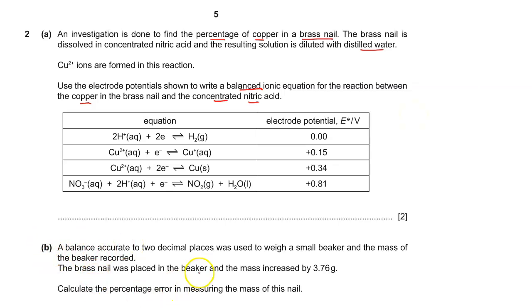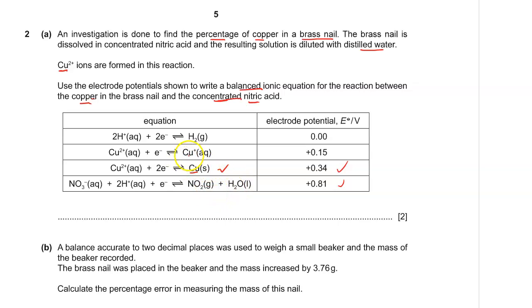You can see these are reducing electrodes here, so one of them has to be an oxidizing electrode, and since it is copper that is reacting to give us this ion, you change this equation. The equation we'll use is this and this, because we have copper and concentrated nitric acid. We have copper here, copper ions, and nitrates in nitric acid, and nitrogen dioxide that is produced.